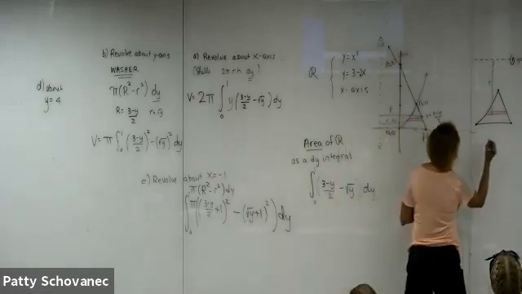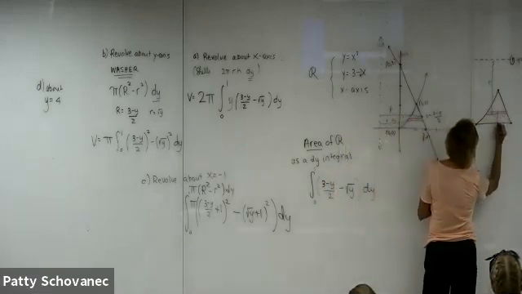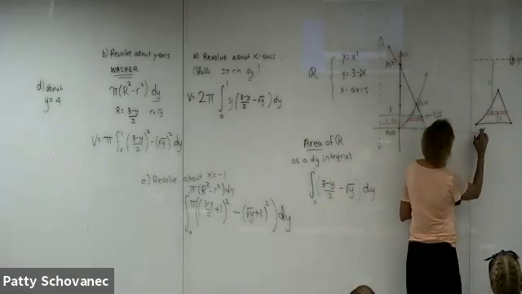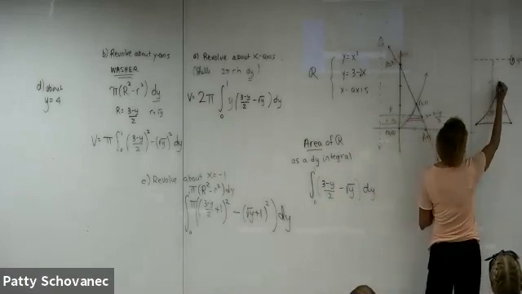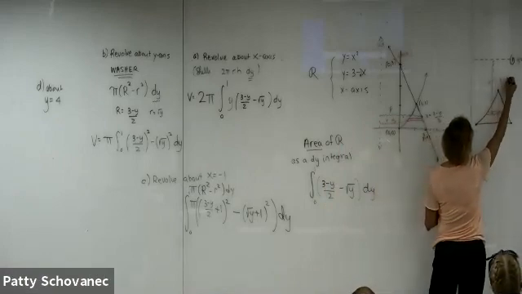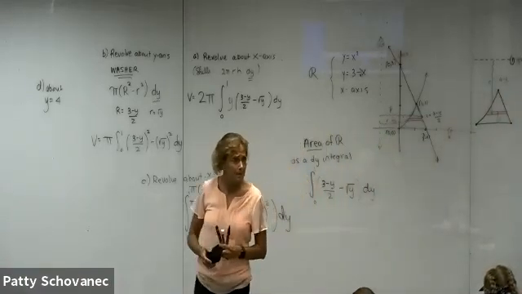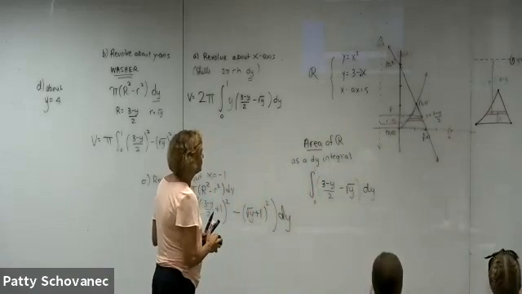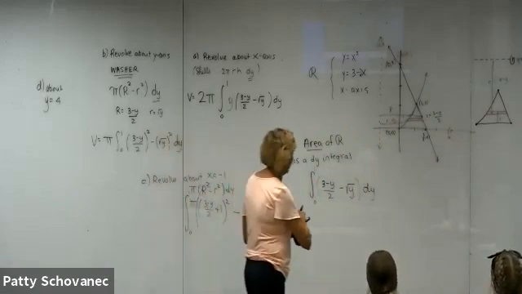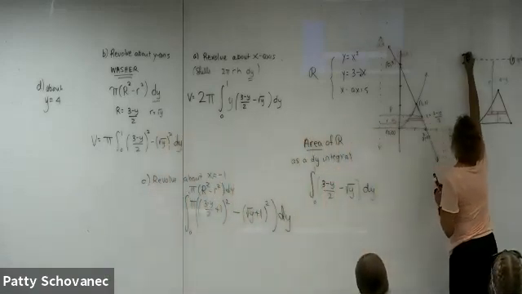In the earlier example, we knew that this distance was y. From here to here is 4, so r is going to be 4 minus y. And our plan was 2 pi r h dy.